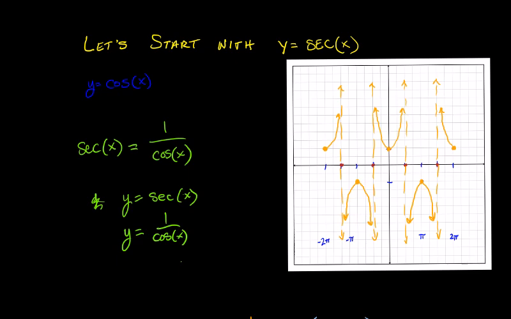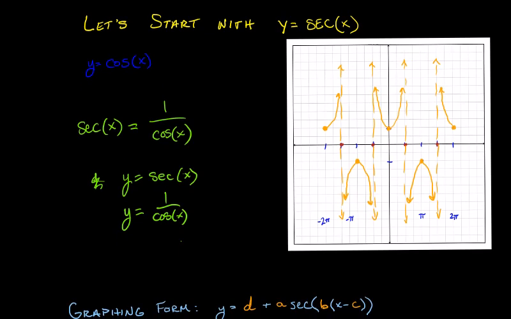To do domain and range, it's not too terrible. The domain is not all real numbers. Remember, we're going to describe it with an asymptote. So this is just pi halves. So x can't equal pi halves plus, and notice it's like half the period, right? Pi halves to 3 pi halves is pi, so pi n.